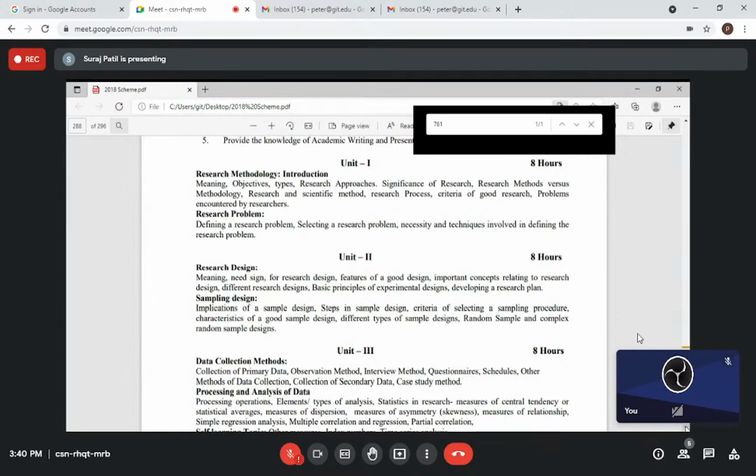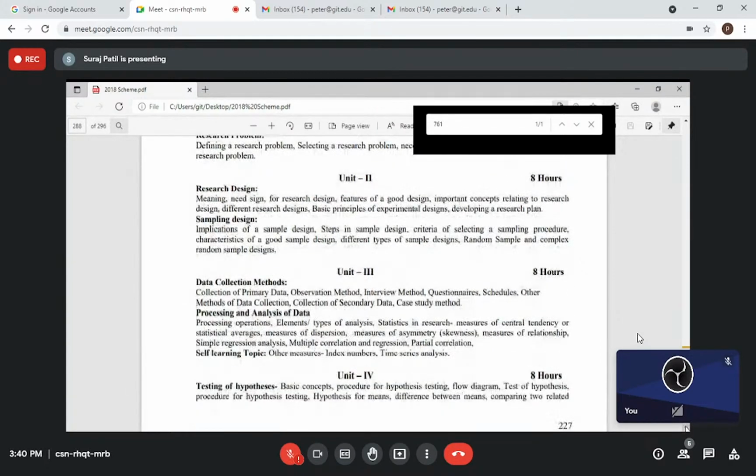Thus, sampling and unit 3, which covers data collection and analysis of data, will help organizations in understanding and predicting the profits.